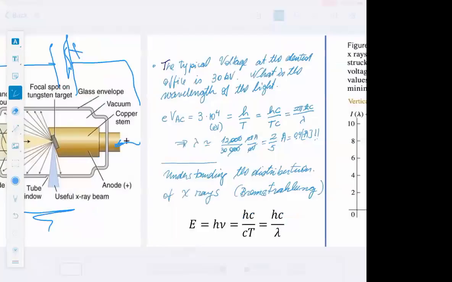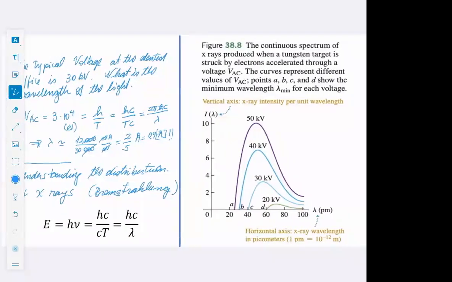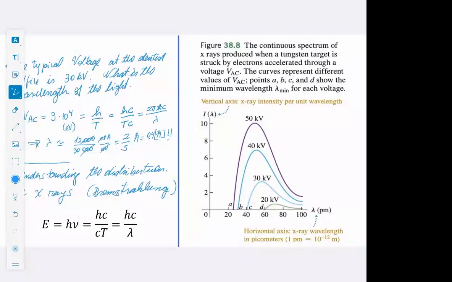Okay, so the idea is that here on the right side are the resulting values of what we get for the intensity in the vertical axis as a function of the wavelength of the photons.